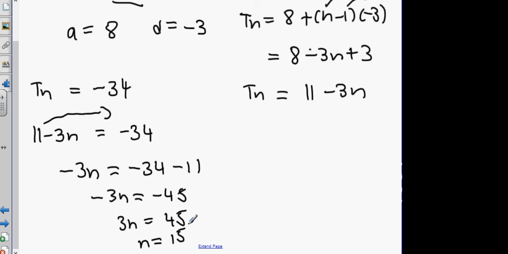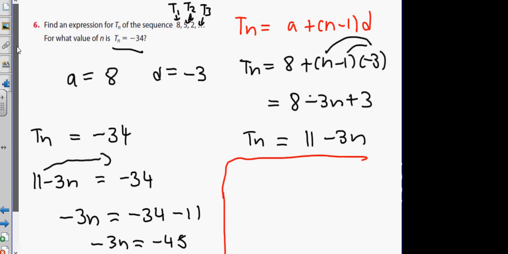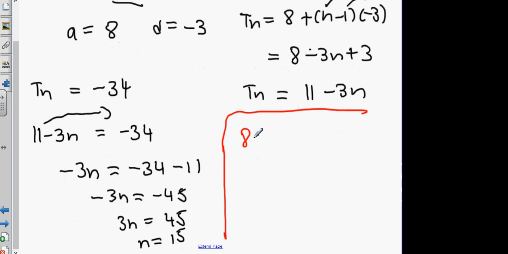What does that mean? If you count down 15 times, your 15th term should be minus 34. Let's check our answer. 8, 5, 2, minus 1, minus 4, that's 5.